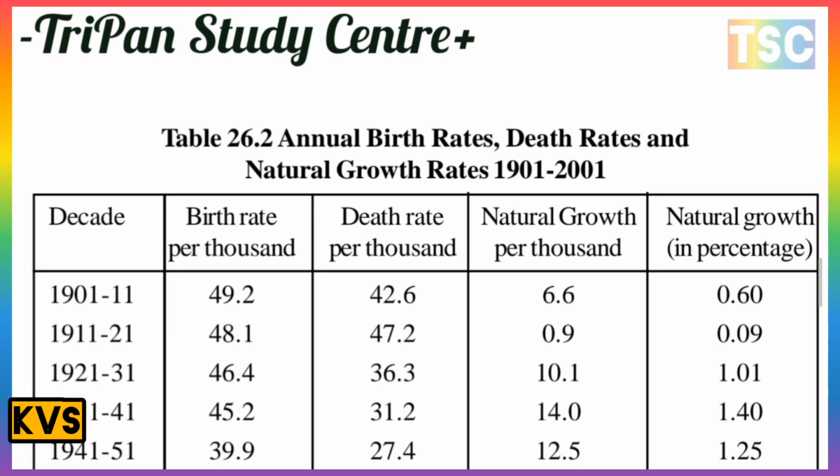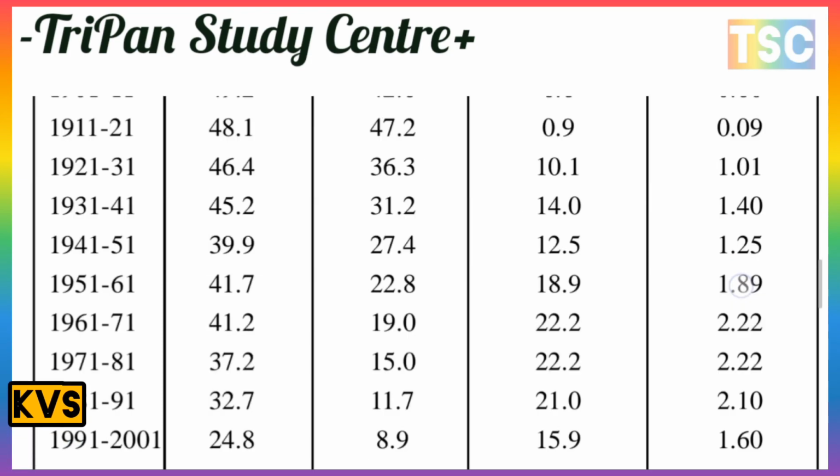The next is 1941 to 51, where the birth rate is 39.9, but the death rate per thousand decreases, and the natural growth per thousand is 12.5. In 1931, the natural growth rate per thousand is 14.